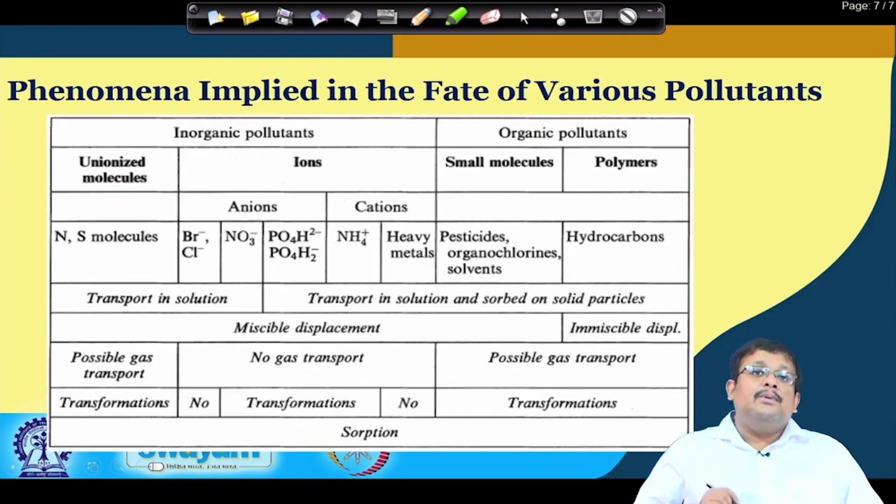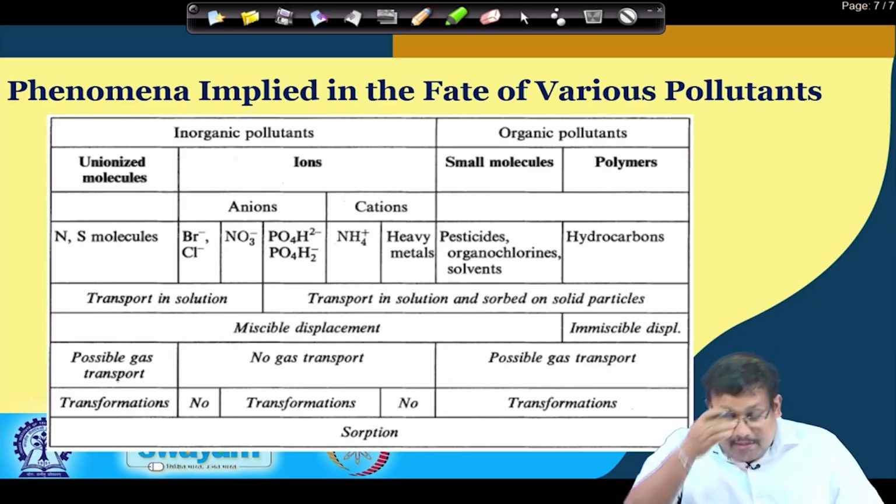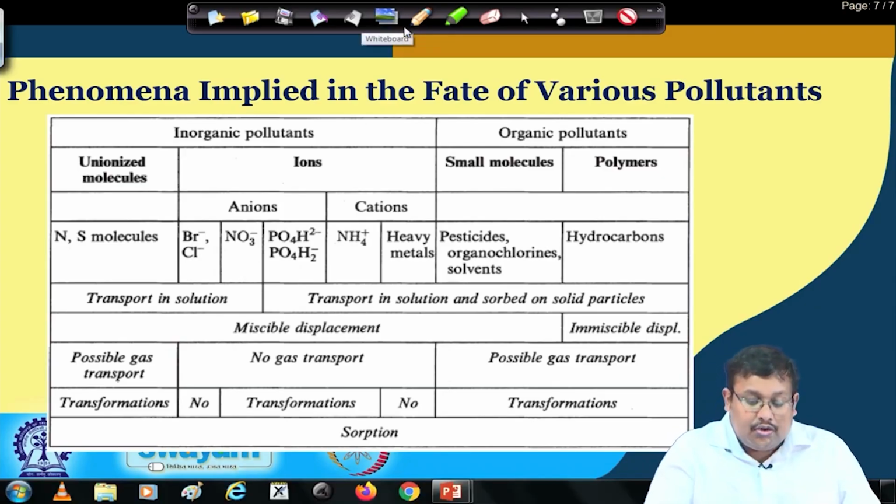So, let us see the phenomena implied in the fate of various pollutants. This slide shows that there are two big categories, one is inorganic pollutants, another is organic pollutants. In the inorganic pollutants there are two different categories, unionized molecules and ions, and organic pollutants are small molecules and polymers. Among the unionized molecules you can see nitrogen and sulfur molecules, and among the ions you can see anions and cations.